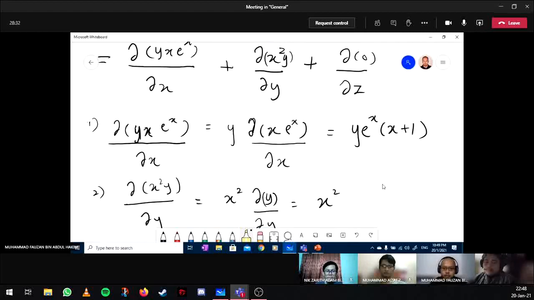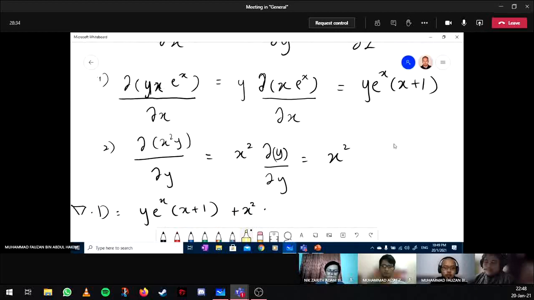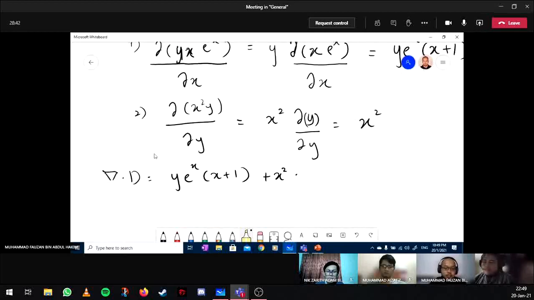For the second term, we have a straightforward answer, which is x squared. So the final answer, the divergence of the flux density, which is the charge density, is y times e to the x times x plus 1, plus x squared.